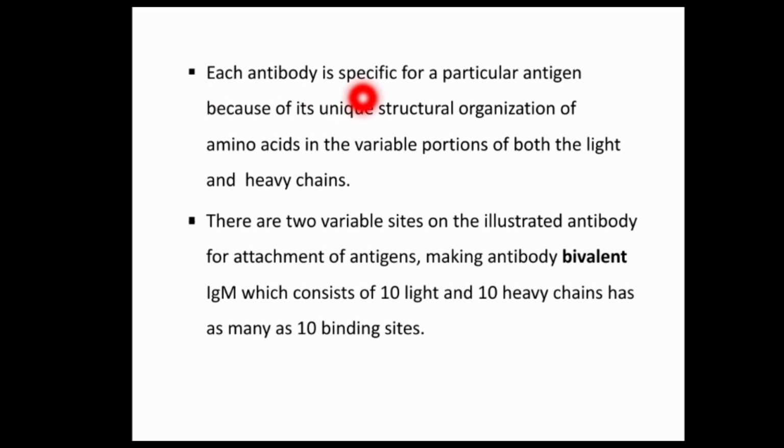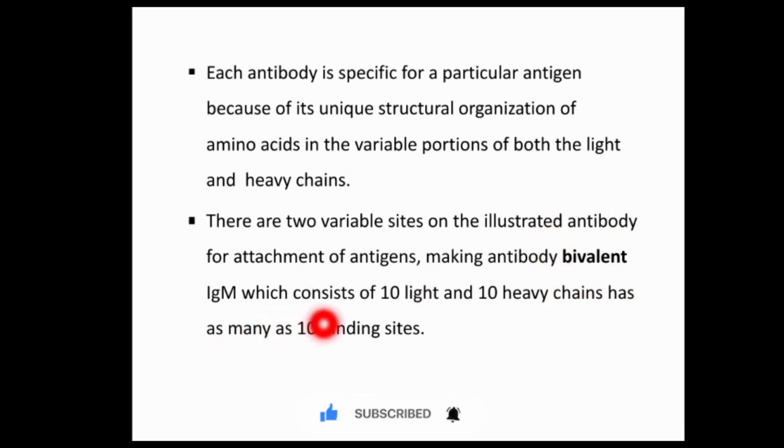Each antibody is specific for a particular antigen because of a unique structural organization of amino acids in the variable portions of both light and heavy chains. There are two variable sites on the illustrated antibody for attachment of antigen, making the antibody bivalent.